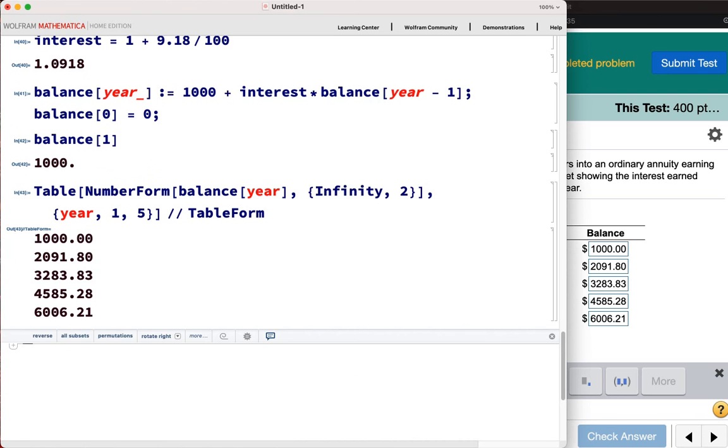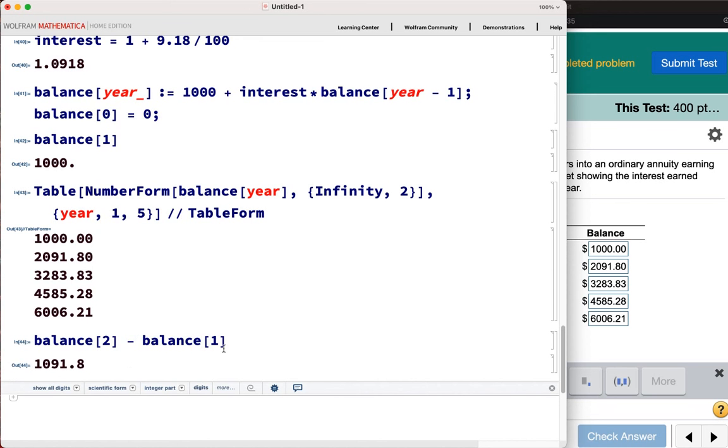If we did balance 2 minus balance 1, you know what it is? It's very simple.